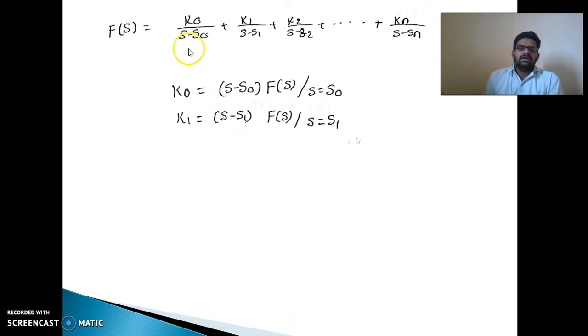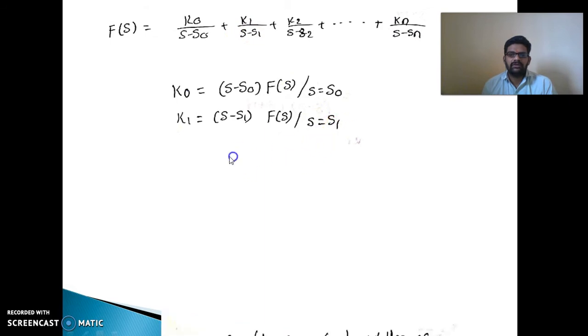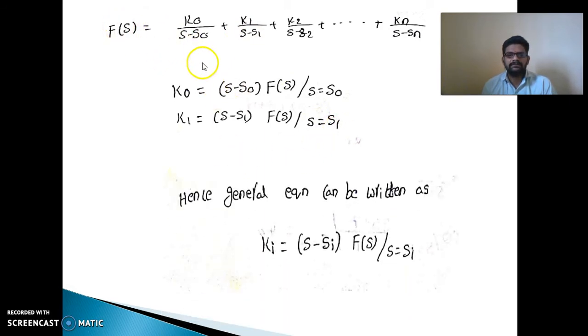Then the k0 value can be calculated by multiplying this function with s minus s0, that is the denominator, and then substituting s equal to s0, you will get the k0 value. Similarly, the k1 value can be calculated by multiplying the function with s minus s1 and then substituting s equal to s1. Like that you can calculate the values of these constants.